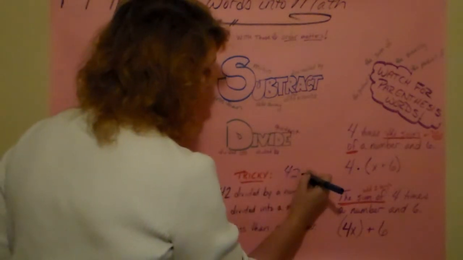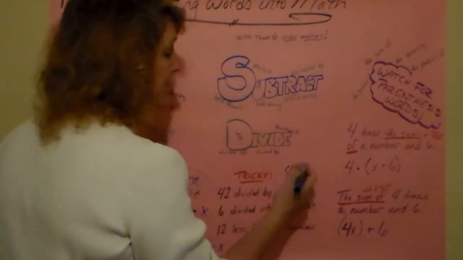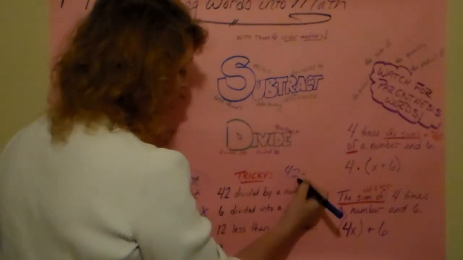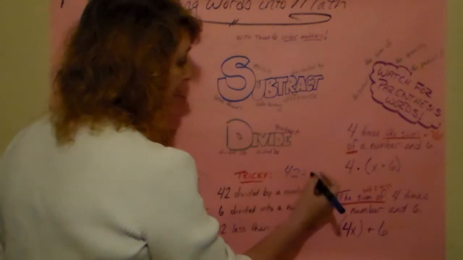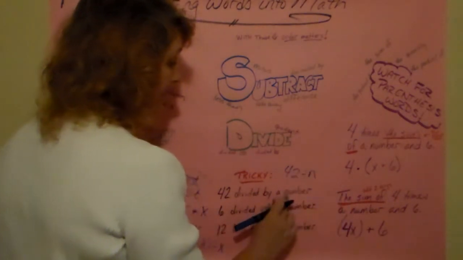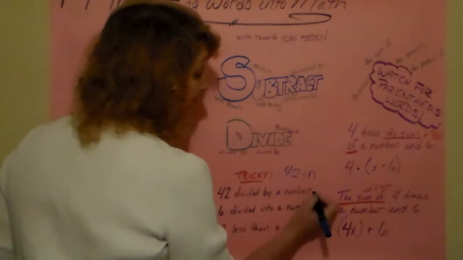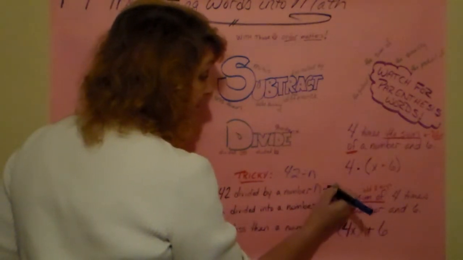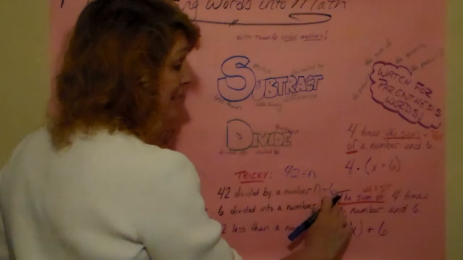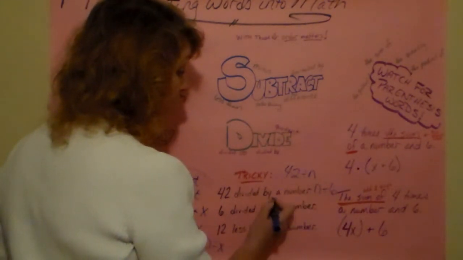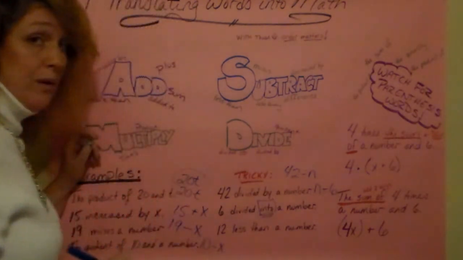That's 42 divided by like 6 or 7 or one of those nice numbers that actually go into 42. 42 divided by n. That's what this says. 6 divided into a number, that's going to be a number divided by 6. So this is the one you got to watch for. That's the one that's tricky.